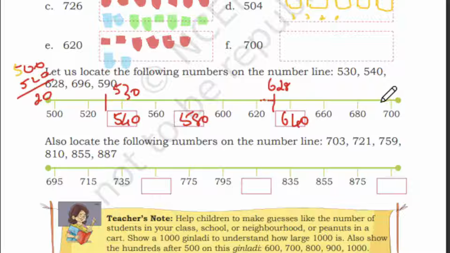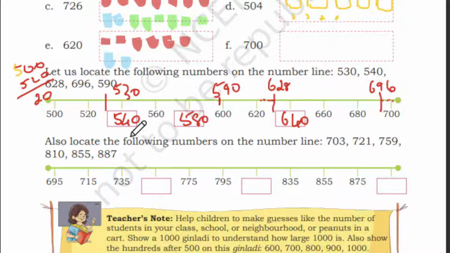So 96. It's just 4 numbers before 700. So 1, 2, 3, 4, which is 696. Next is 590. So 590 is just one line before 600, which is here exactly. 590. Okay.